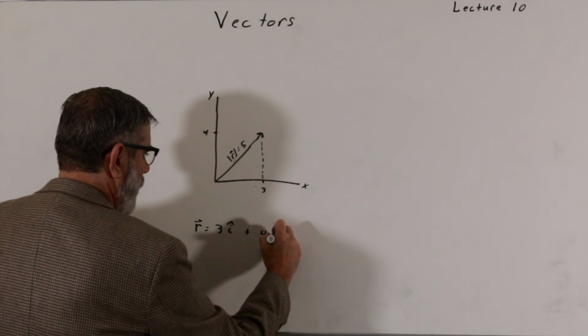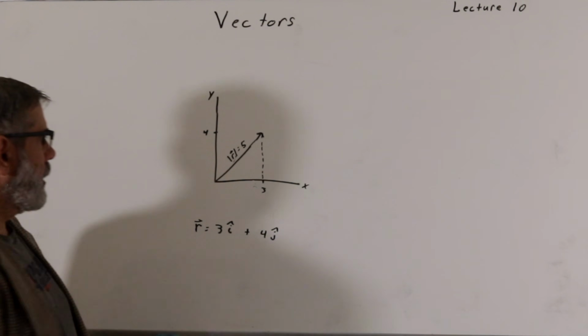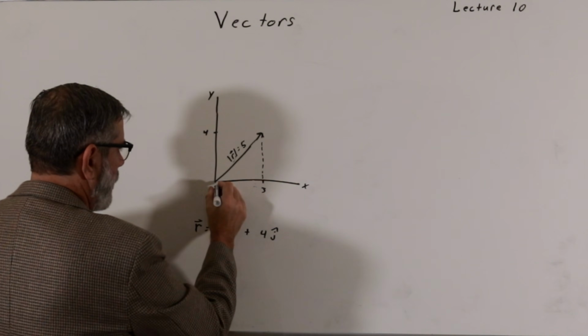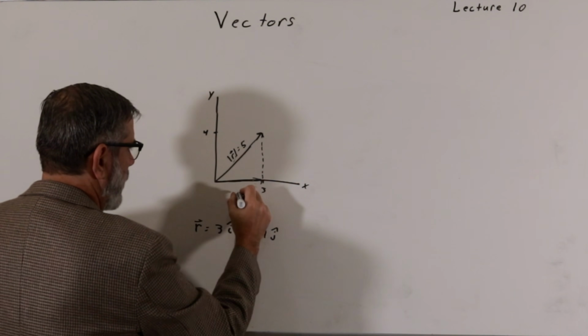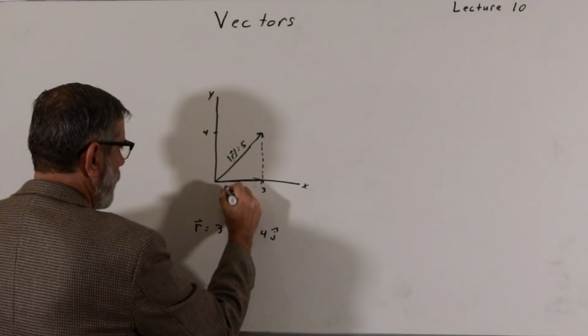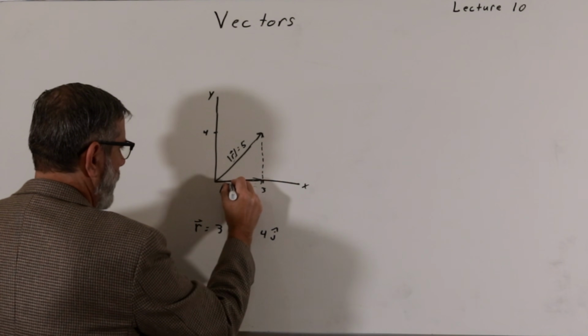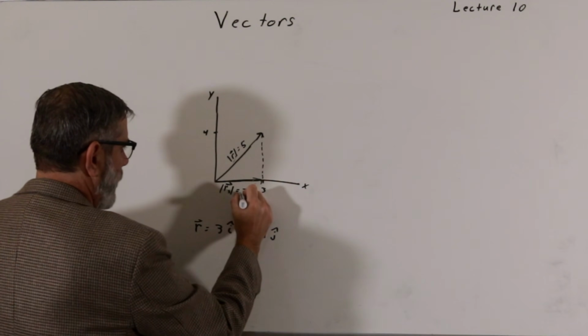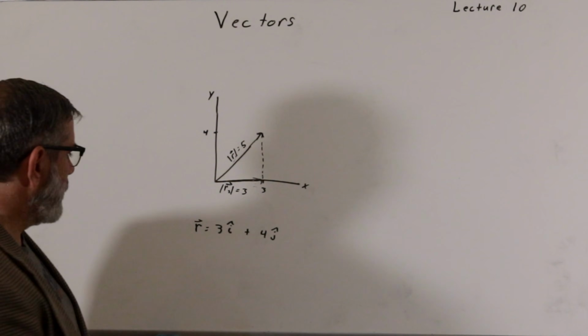Plus 4j. And if I want to add an additional vector here, we'll call this R2. And its magnitude is equal to 3. It's entirely in the i direction.